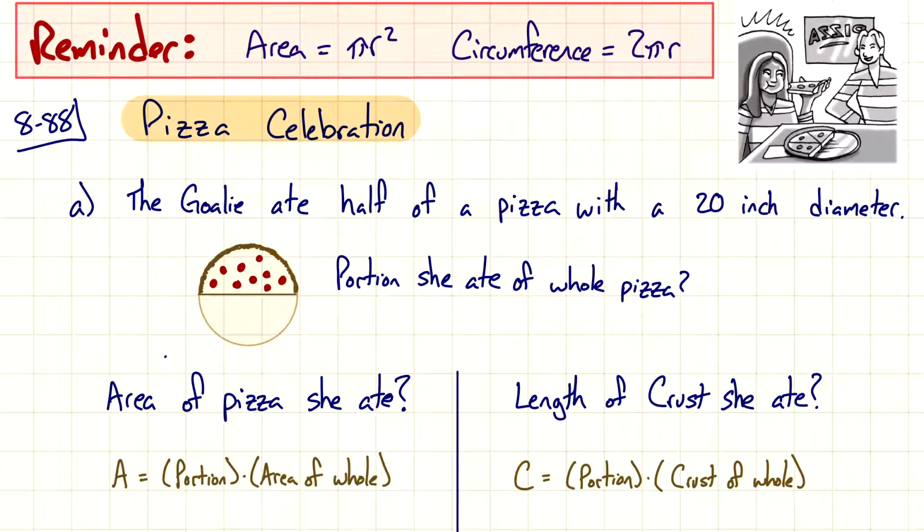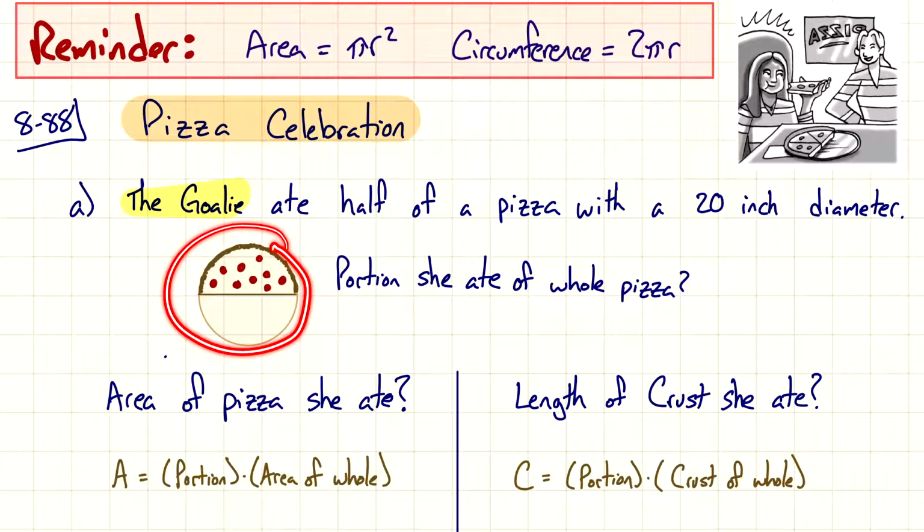So the goalie, we're going to be talking about a couple different people here. And so one of them is the goalie. And we want to know really how much she ate. So we have an idea of the size of the pizza. It says 20-inch diameter. And let's start with visually. Right?